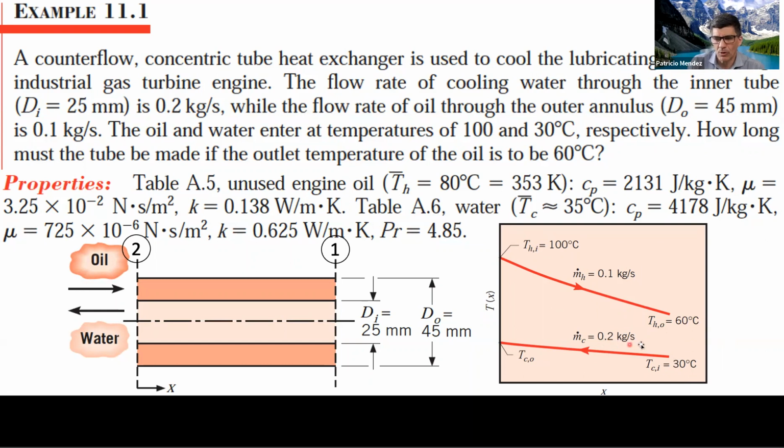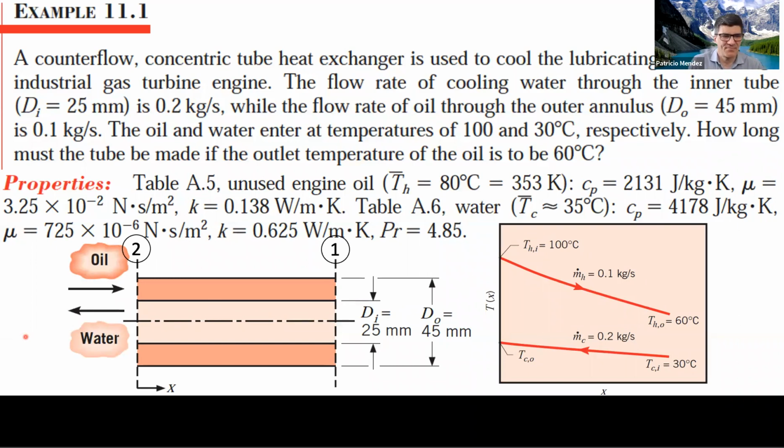The flow rate of water we would choose based on acceptable pressure losses. In this case, it's given. So we know three temperatures. We don't know this one, right? And they give us the properties for the fluids. And here we have a schematic of the cylinders.